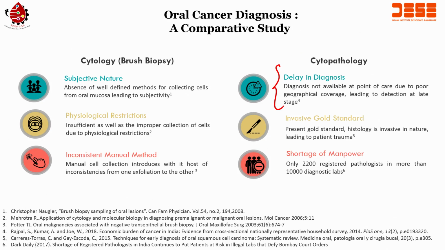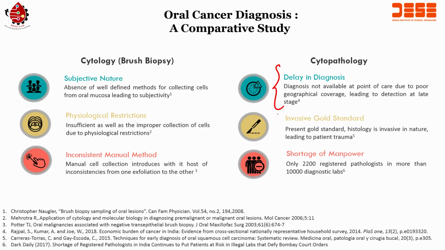Second is, if you come here, which is cytology, then physiological restrictions are insufficient, as well as improper collection of cells due to physiological restrictions. How you can access the oral cavity, right, and if you are a trained or semi trained person, depending on that you can collect a proper number of cells.